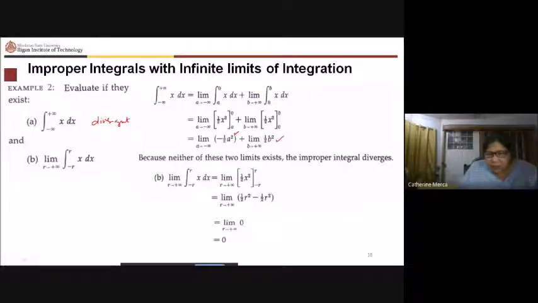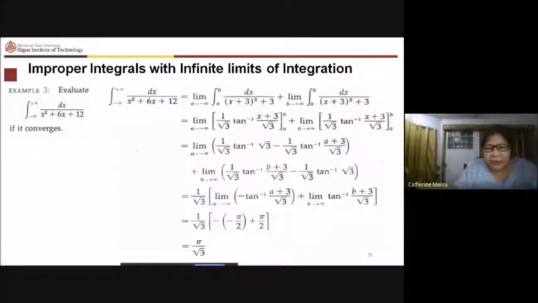Upper limit first: that's 1/2 r squared minus 1/2 r squared. When you substitute the negative value and raise it to the second power, it is positive. So this is simply equal to 0, which means it is convergent. So earlier, this one is convergent and the value is equal to 0.